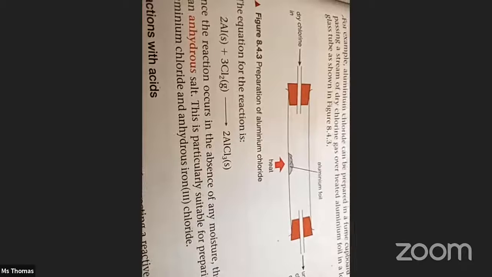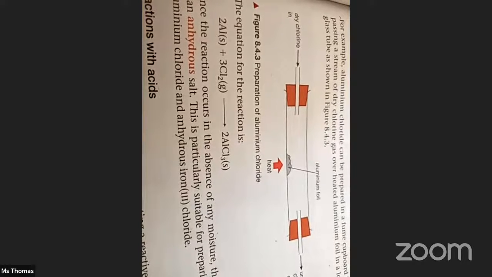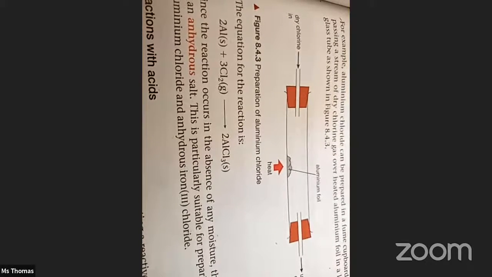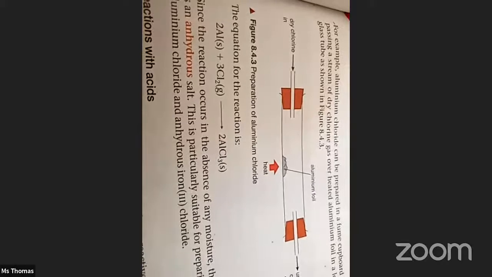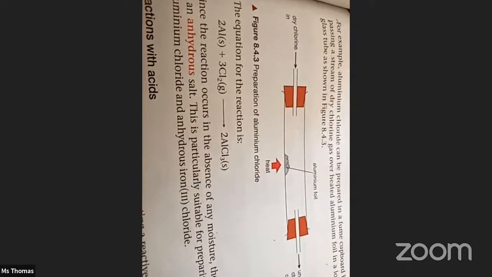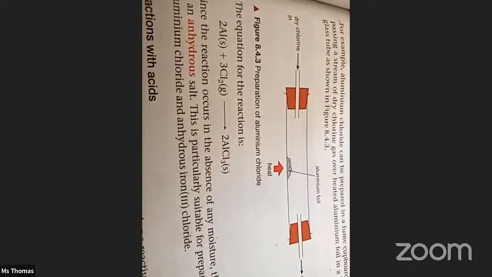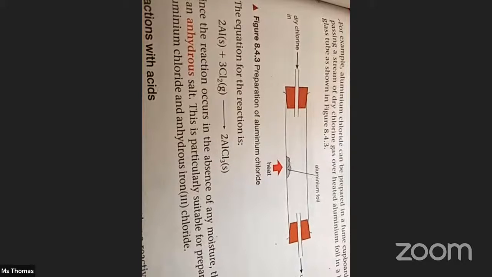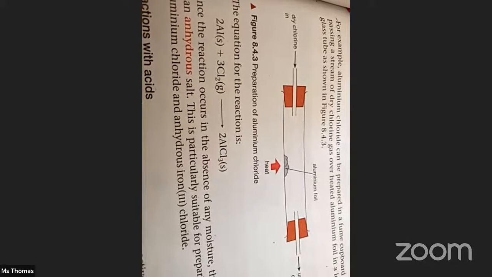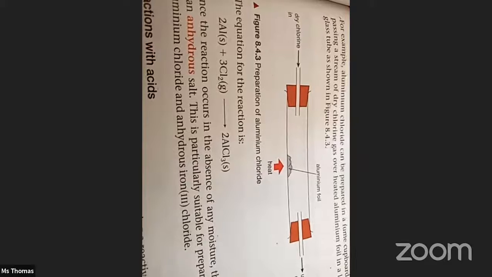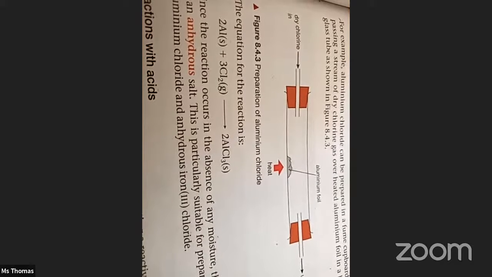So you can produce a lot of soluble salts this way by just taking the two elements, putting them together, and you get the soluble salt. And this method is called direct combination.